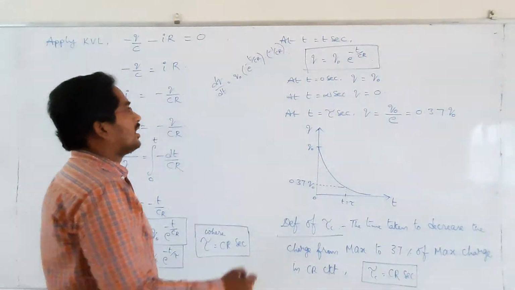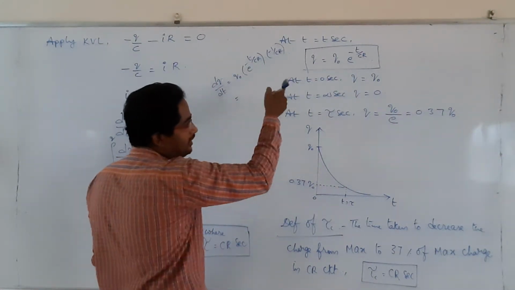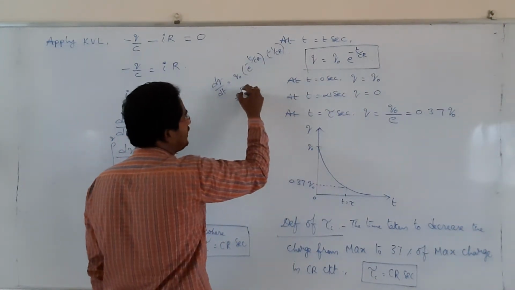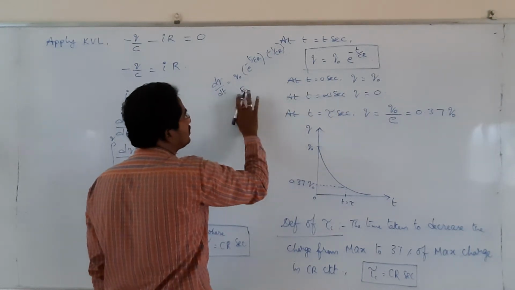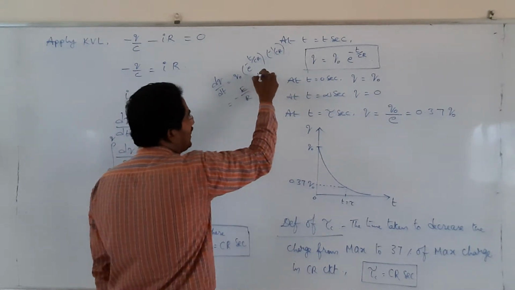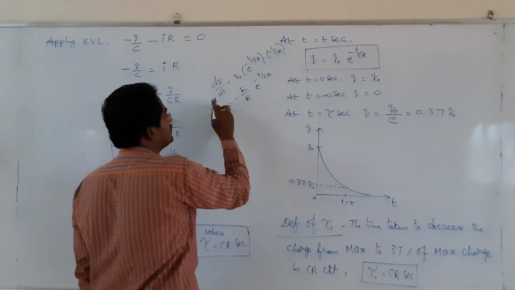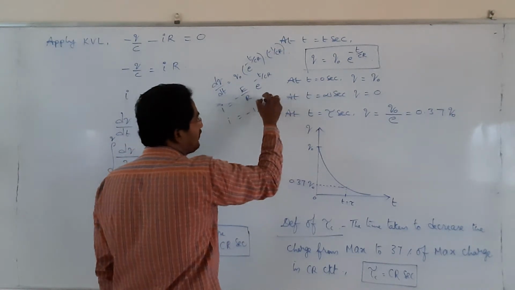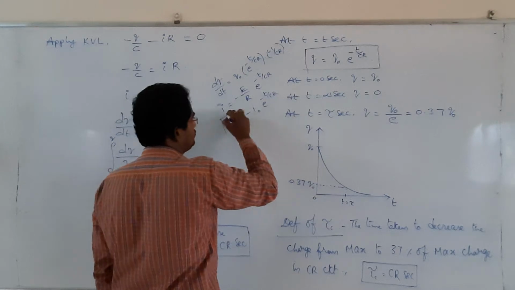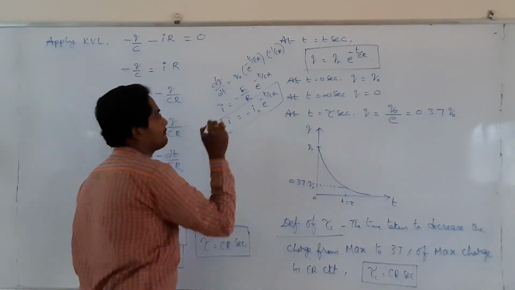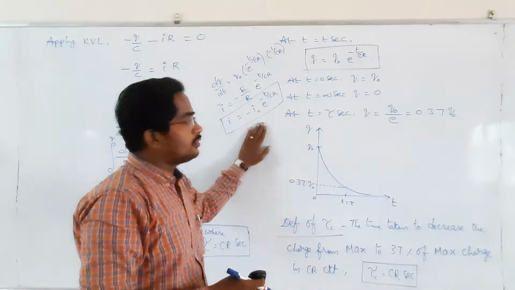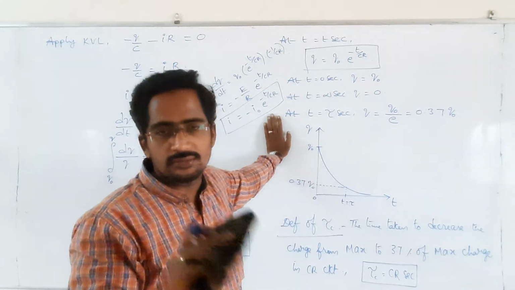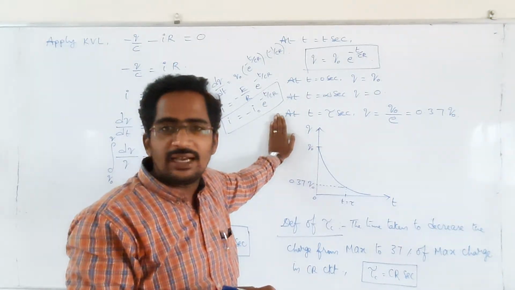So the current value is q naught by CR, and q naught by C means E, so E by R into minus e power minus t by CR. So I equals minus I naught e power minus t by CR. That is the current value we obtain during the decay of charge in the CR circuit.